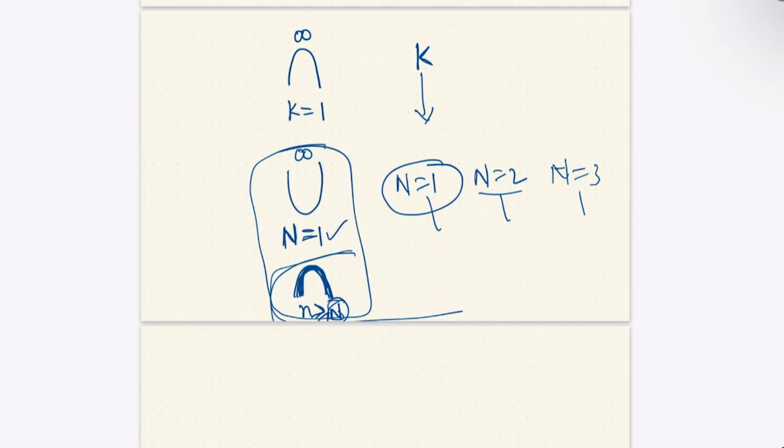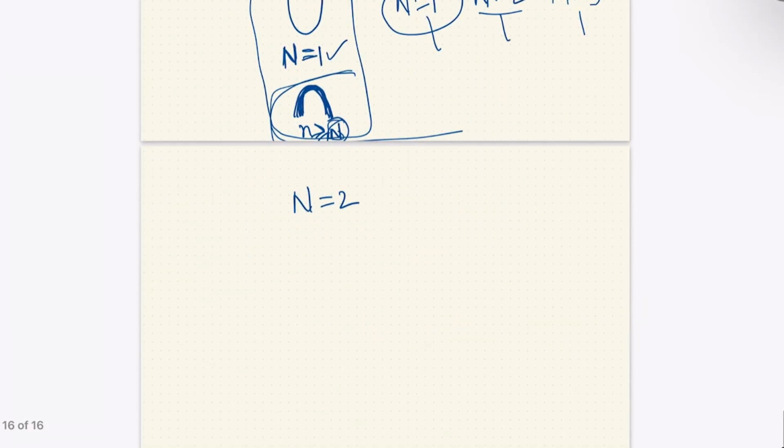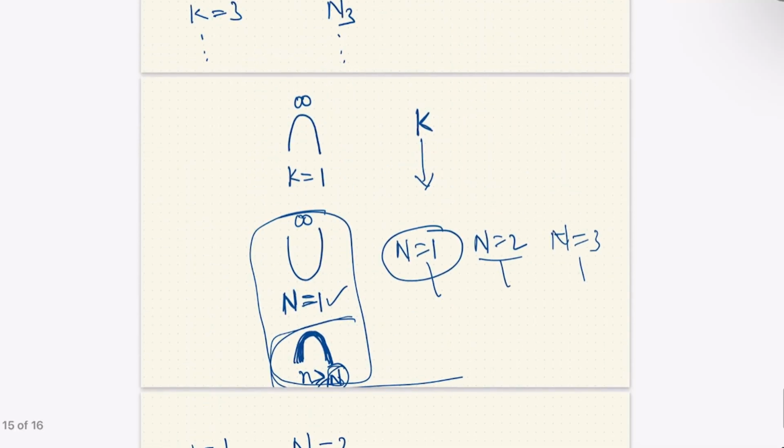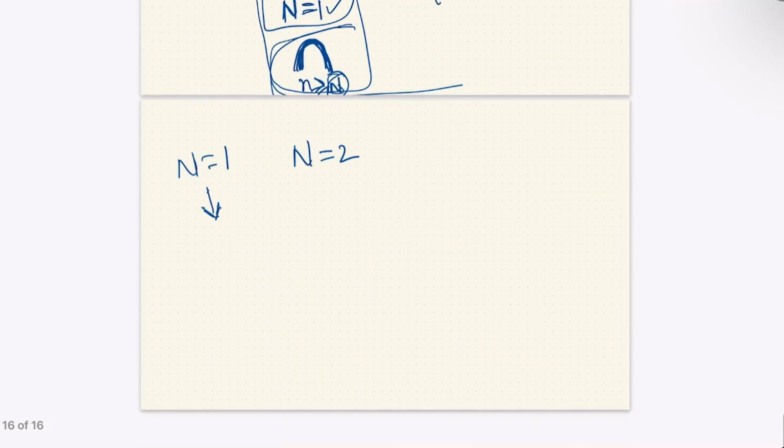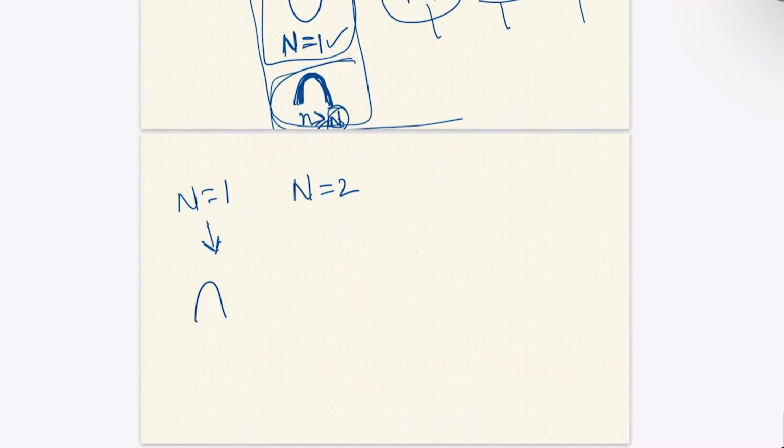If you choose n equal to 1, you have to go for the intersection over n greater than 1 of the sequence, and you will get a large collection.